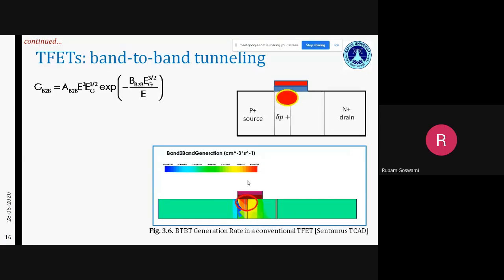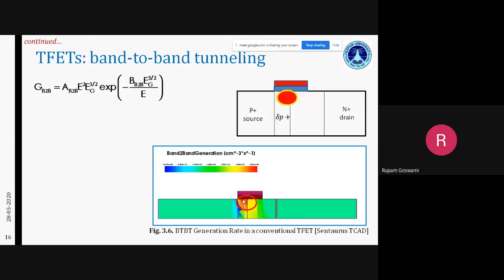And the next yellow portion is around the range of 10 to the power 20 to 21. So it changes by around 7 to 8 orders of magnitude. So what do we conclude from this? We conclude that this red portion, or the maximum tunneling which is happening, is confined only at a very small area in the junction.